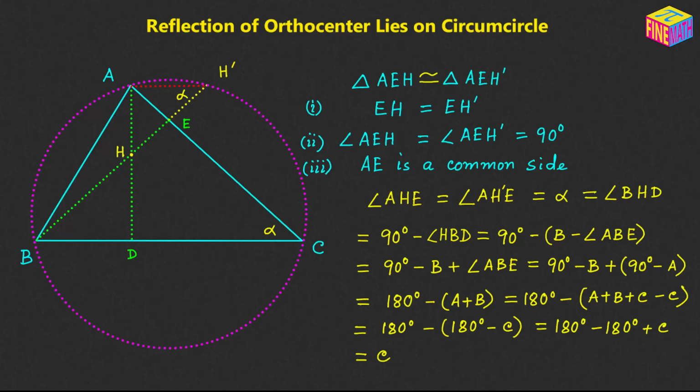So here, if we consider AB to be a chord for this circle, we can clearly say that this circle actually passes through A, H prime and C. And of course, it will pass through A and B because we have considered AB as the chord. So essentially, this circle is passing through all 4 points A, B, C and H prime. That means we are able to prove that the image of H, which is H prime, is also located on the circumcircle of the original triangle.